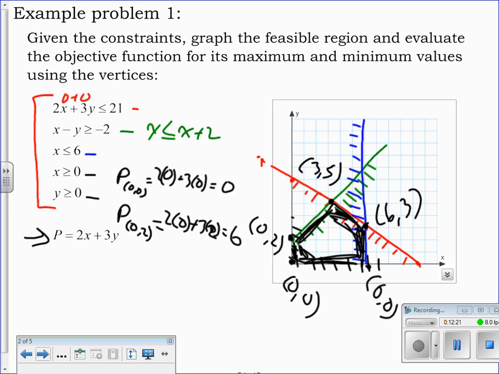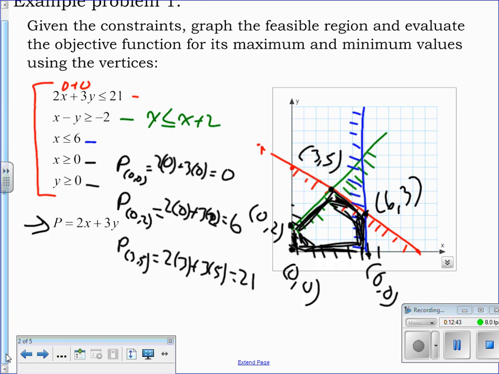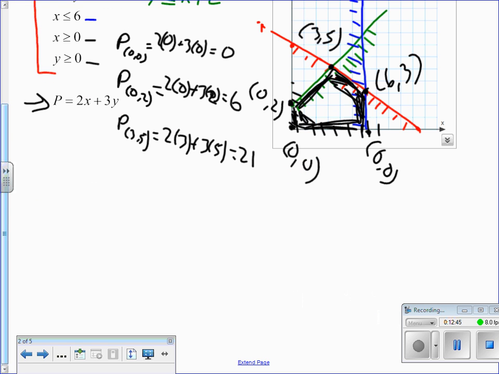Try the next point going around, which would be 3, 5. The point 3, 5. 2 times 3 plus 3 times 5. 6 plus 15 is 21. And then I want to try the next point, 6, 3.